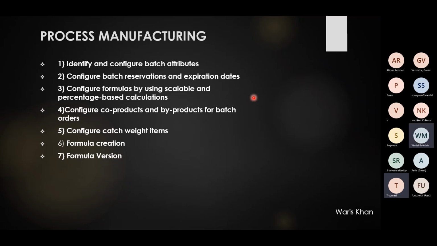Correct. When it comes to process manufacturing, anything which is put together and cannot be brought back is process manufacturing. That's why in process manufacturing we have to configure co-product and byproduct.